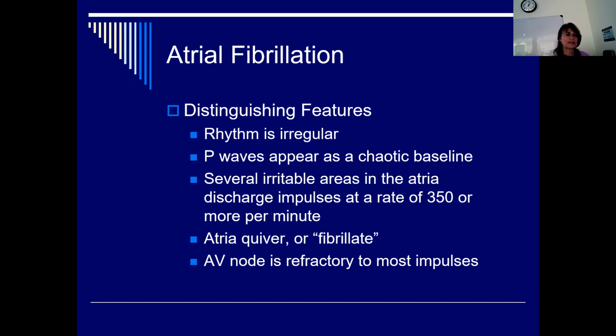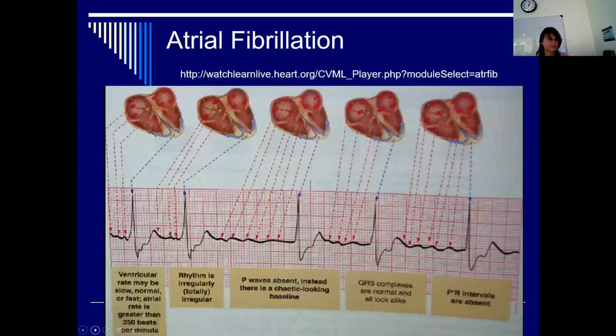And all of these impulses create quivering or fibrillating in the atria. And then the AV node gets all these impulses, but the AV node doesn't respond and send the impulse forward to the ventricles. So it says the AV node is refractory to most impulses. Do you know what that means? Non-responsive. Very good. It's not responding to most of the impulses. All right, so that's atrial fibrillation.